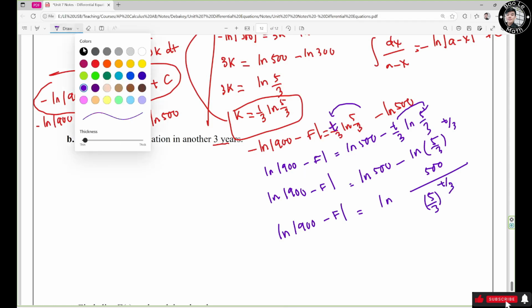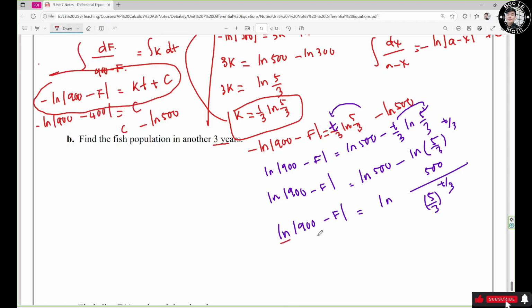Now both sides have the same natural log, so you can equate the insides. So it could be 900 minus f inside the absolute value equals 500. I need to bring this to the top, so I change the sign of the power. So it's times 5 over 3 raised to the negative t over 3.